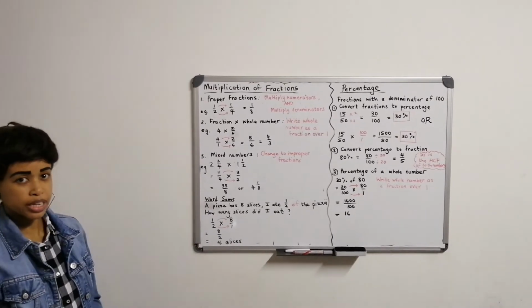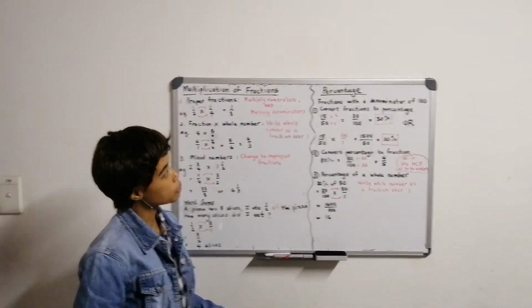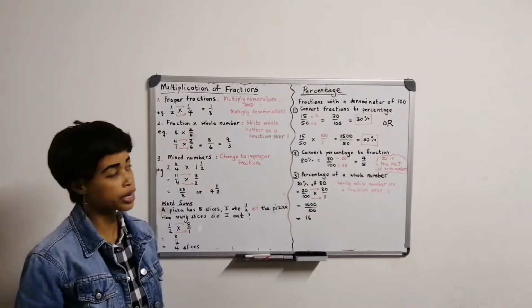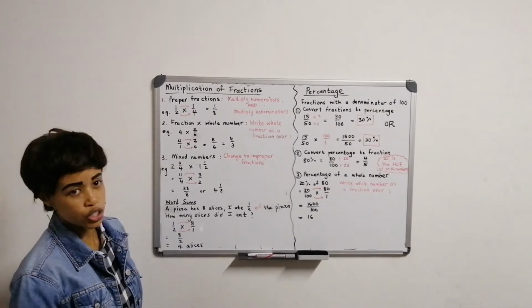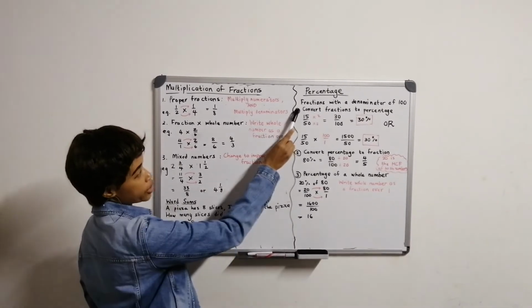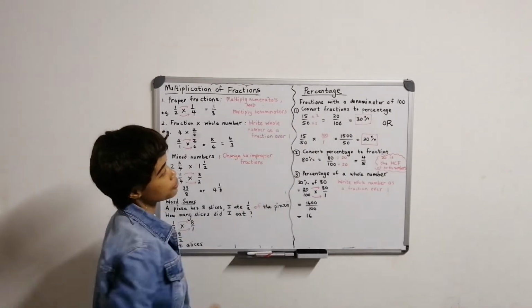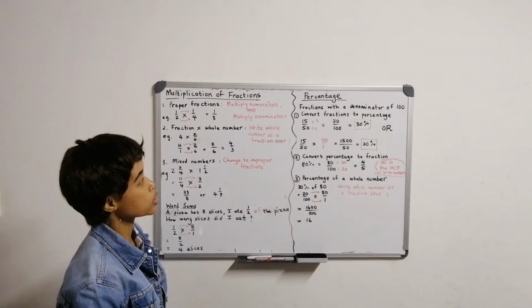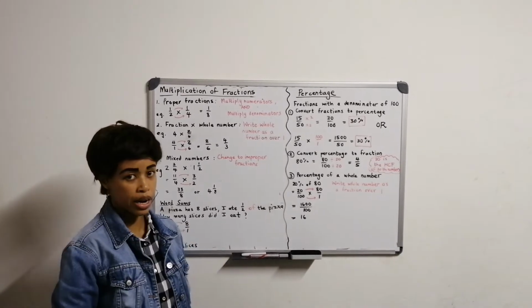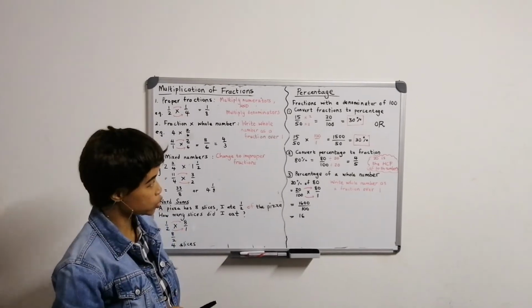Now, if we look at percentage, percentage is fractions with a denominator of 100. The first kind of example, converting fractions to percentage. Now, if I have a number, for example, 15 divided by 50, I want to write it with a denominator of 100. There's 2 ways in which you can do this.